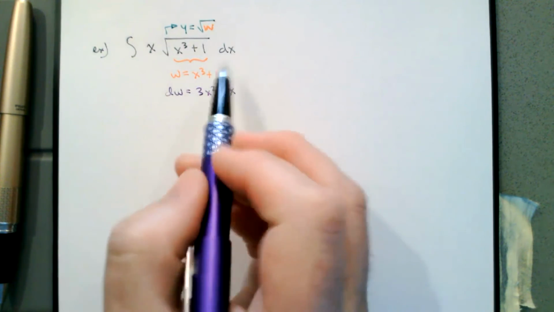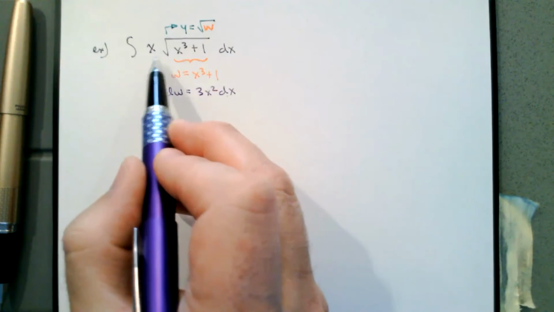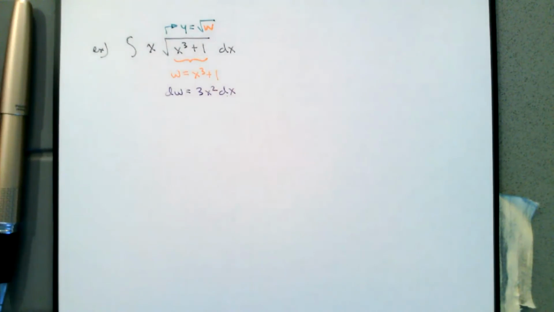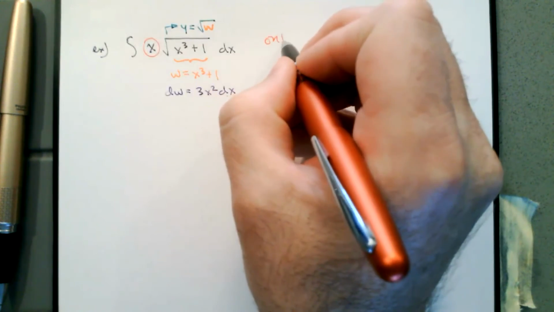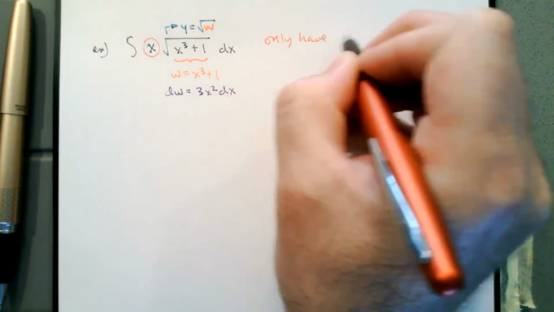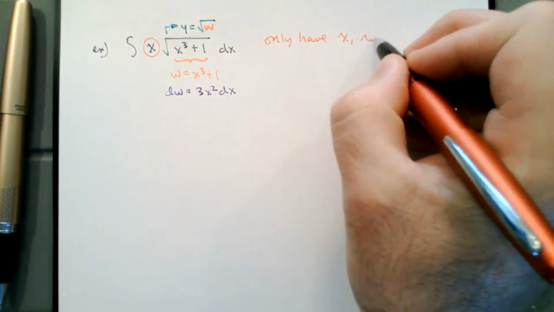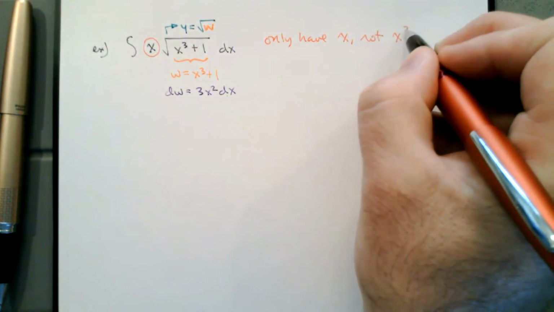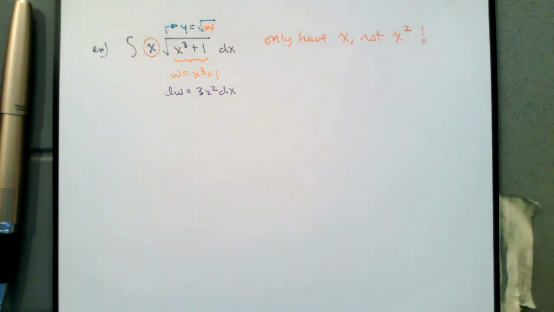The problem here is I've got the dx and only an x. I don't have a constant multiple of x squared dx. I've only got x. We only have an x, not an x squared.